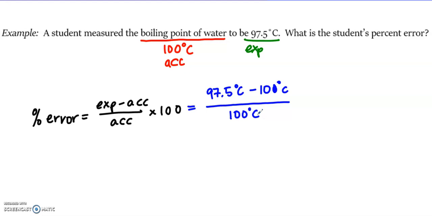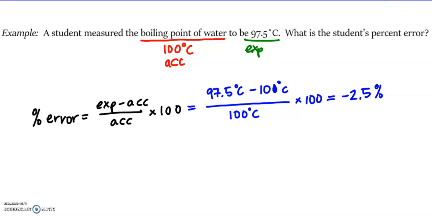We're going to subtract first in the numerator to get that value, divide by 100 and then times 100. So really that's canceling that out. And we get negative, because we're lower. That's not bad, it's just lower, 2.5%. We'll round to the tenths or the hundredths place for percent error. We won't have to worry about sig digs.